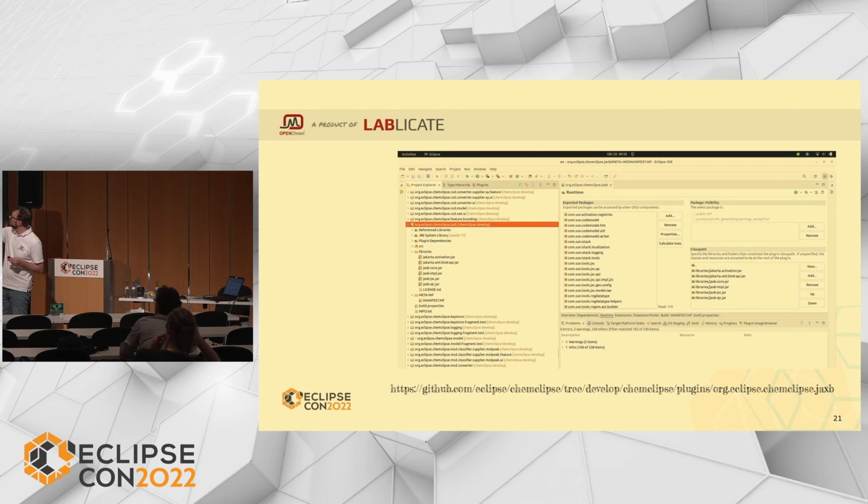We created our own bundle internally in ChemClipse called ChemClipse.JAXB, where we include the libraries Jakarta Activation JAR, Bind API JAR, JAXB Core, implementation, and so on, and expose these bundles to the application. And that was a turning point. With this solution, it works. So, I'm happy with it. And that is a path which was not described, but we figured out how to do it.